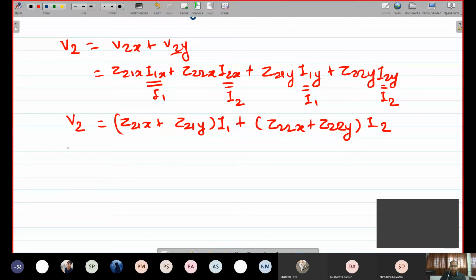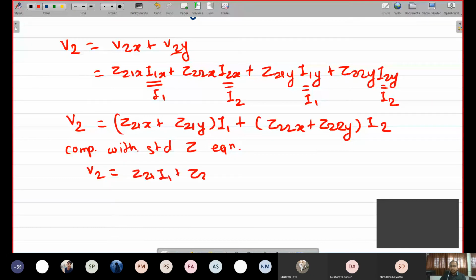And comparing with the standard Z parameter equation, let us write V2 is equal to Z21 I1 plus Z22 I2. What do we get then?